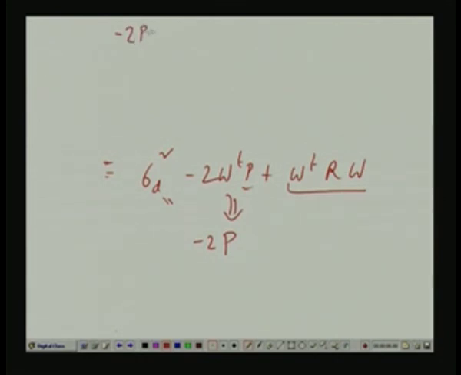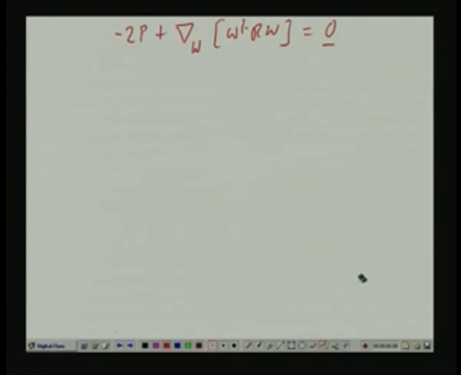We have got minus 2p plus this del w of this quantity w transpose r w, this must be equal to 0 vector. Okay, sigma d square I am forgetting because it is already giving rise to zeros. So, w transpose r w, and R is a symmetric matrix.